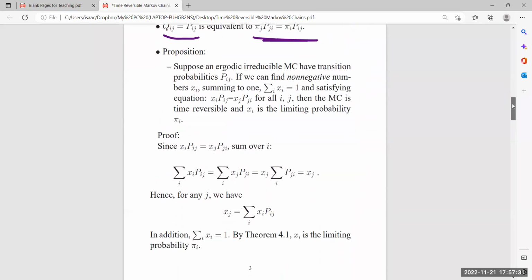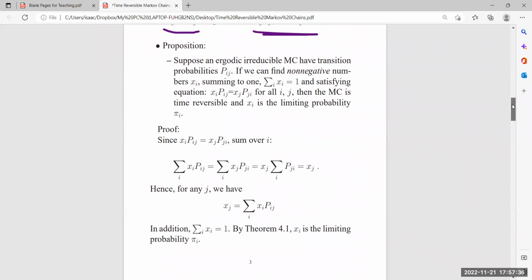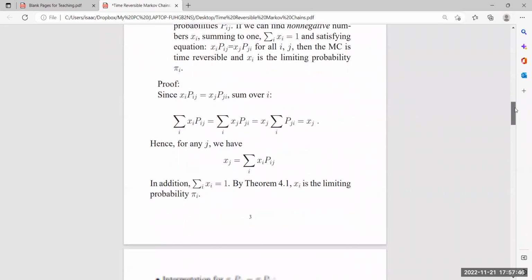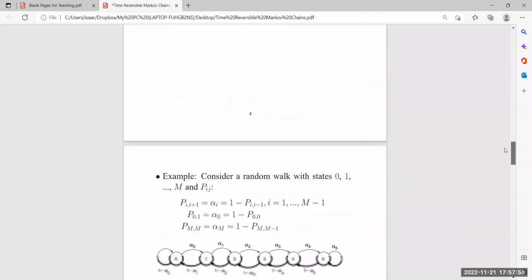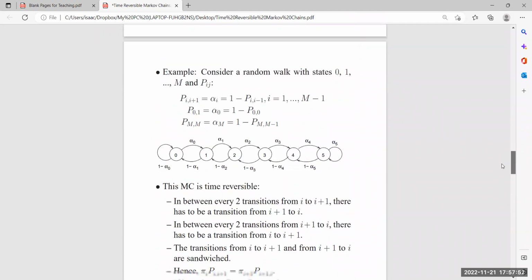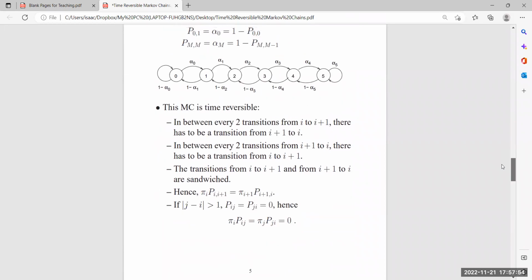I just wanted you to be aware that we have some relationship that exists, and we have Markov chains that we call time reversible. But in today's class, you could read a little bit more about it and look at these examples.